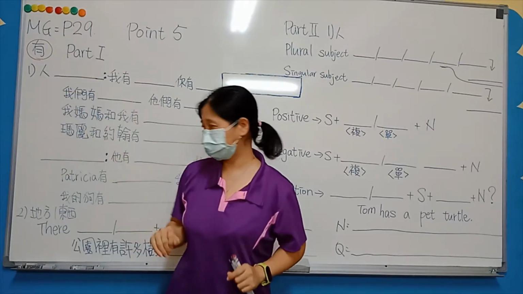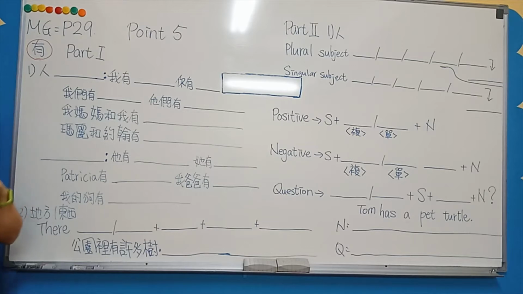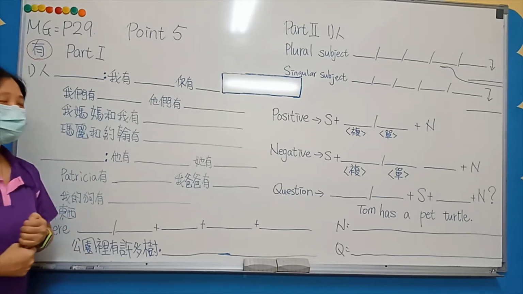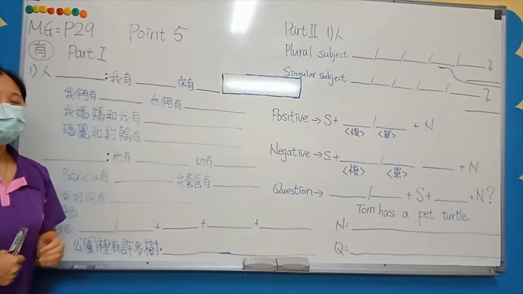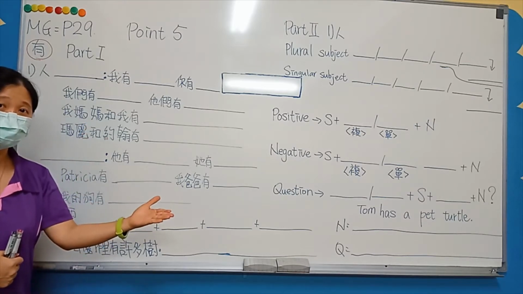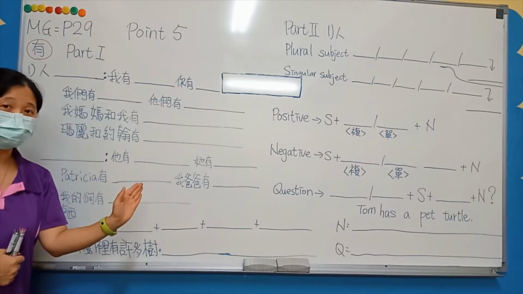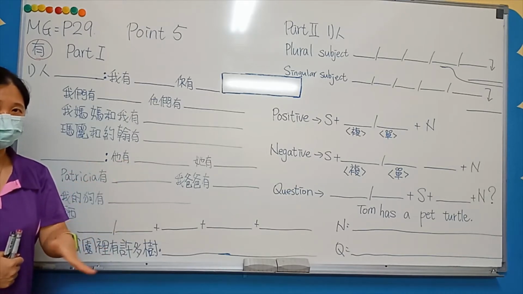Now let's look at the first part, for people. Two parts for people. Why? Because this one is for present tense. Do you remember what is present tense? I go to school every day.